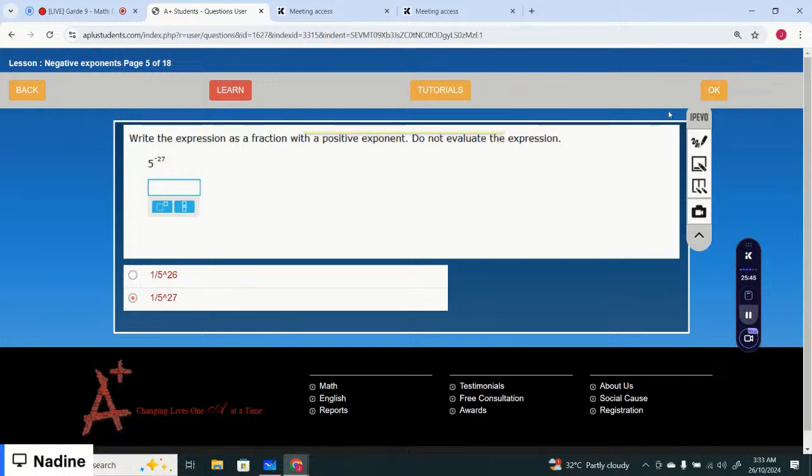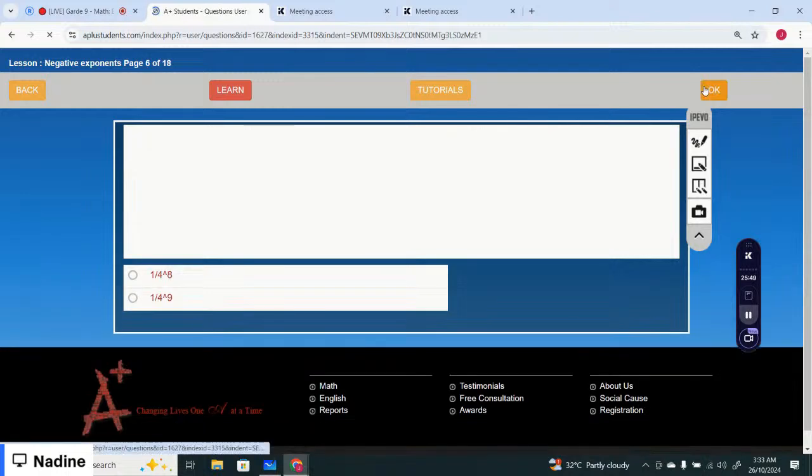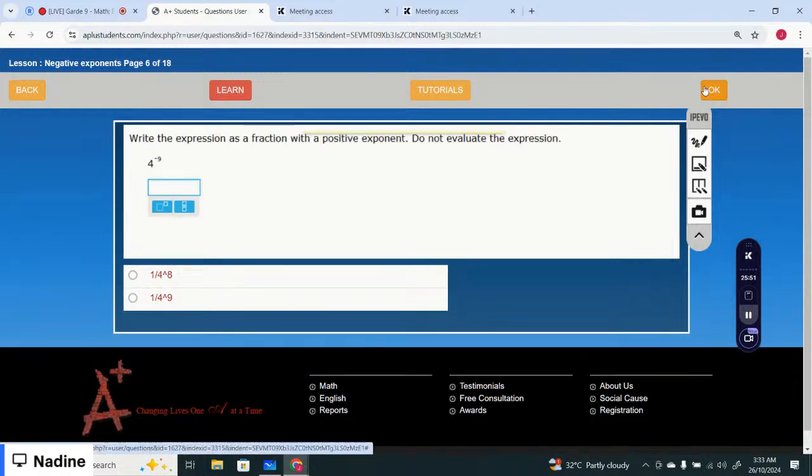You can write it as 1 divided by 5 exponent 27. Option number 2 is the correct option. You can write it as 1 divided by 4 exponent 9.